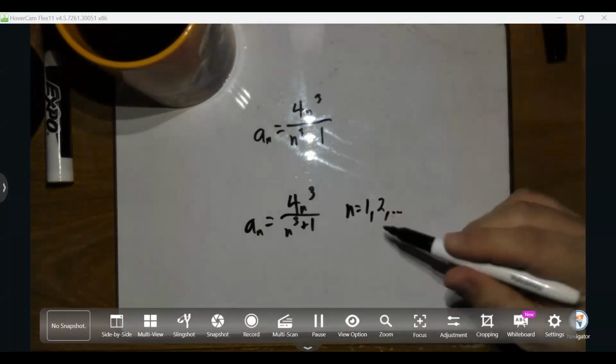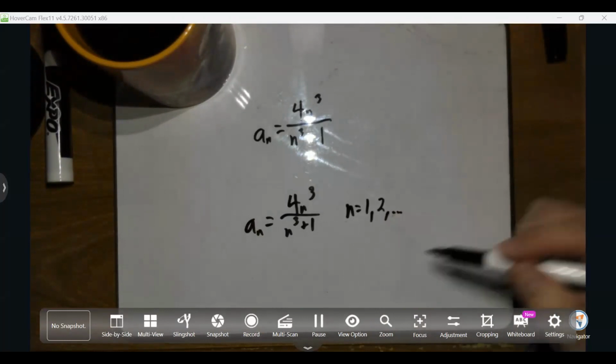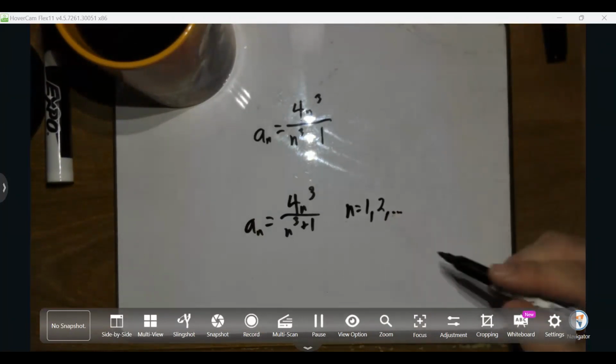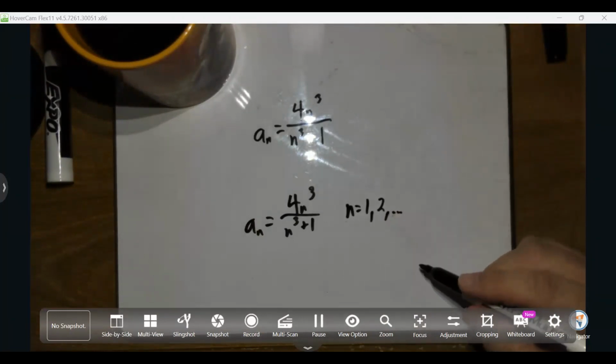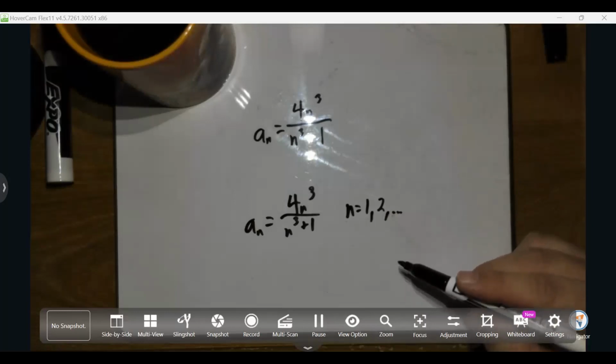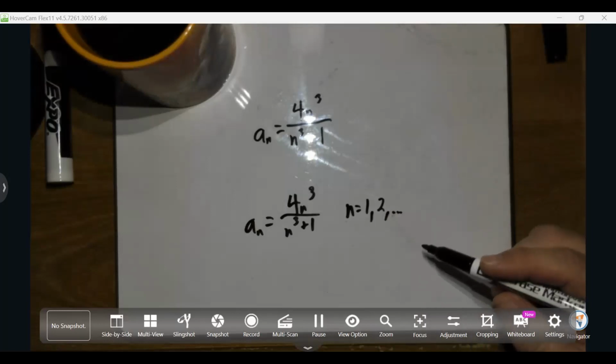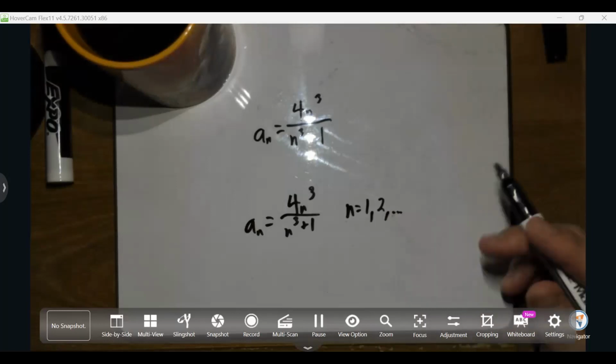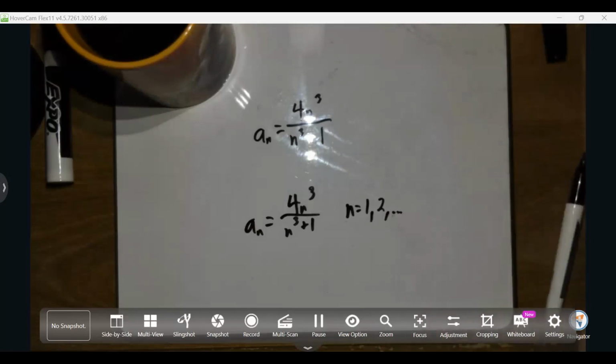So it's going to say n equals 1, 2, 3, and so we know that's natural numbers. On occasion, you'll have sequences defined for integers, where you have n equals -1, -2, or maybe for all integers. Usually there'll be a formula to indicate what values of n the sequence is defined for.